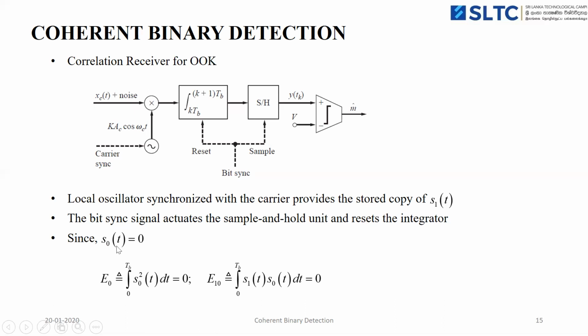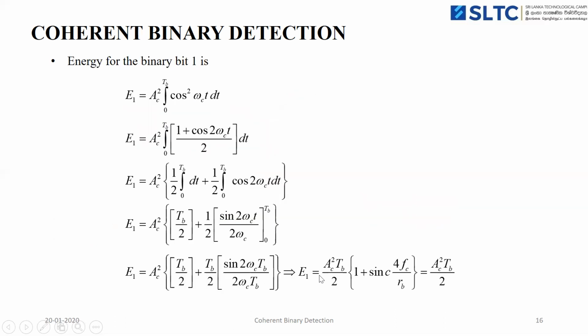Since S0 of t equals 0, because in the off condition there is no energy, E0 equals 0 and E1 0 is also 0. Energy is available only for binary bit 1.